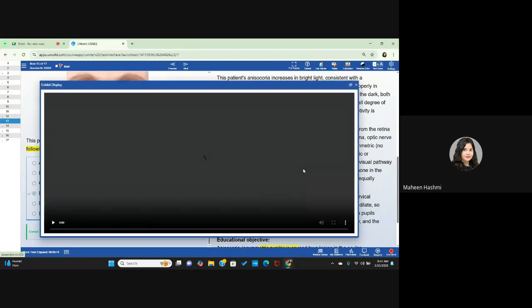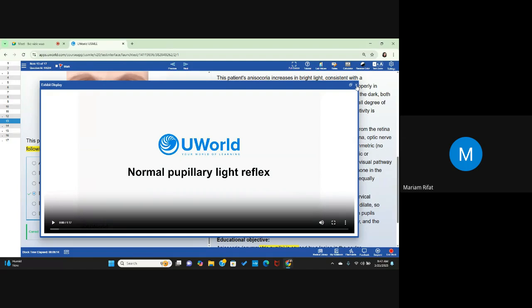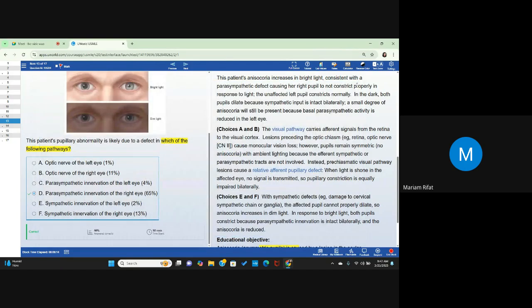Where do you see RAPD? If there is an optic nerve lesion or problem. In what condition? It could be multiple sclerosis. Very good.